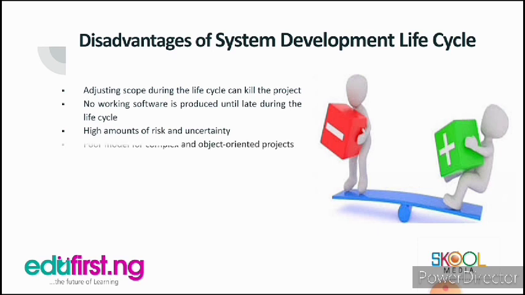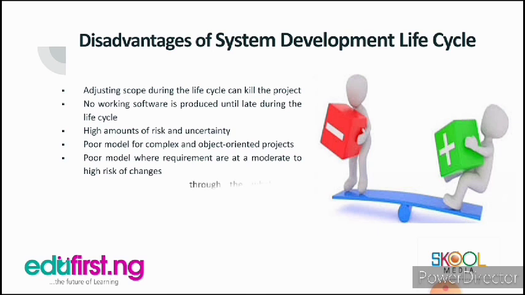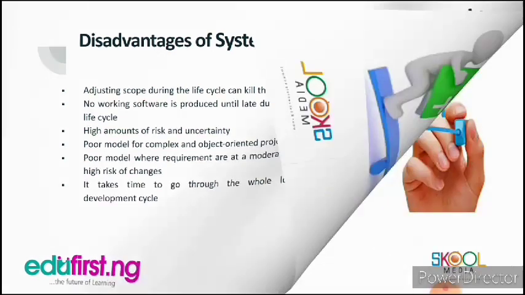It is a poor model for complex and object-oriented projects. It is a poor model where requirements are at a moderate to high risk of change. It takes time to go through the whole long development cycle.